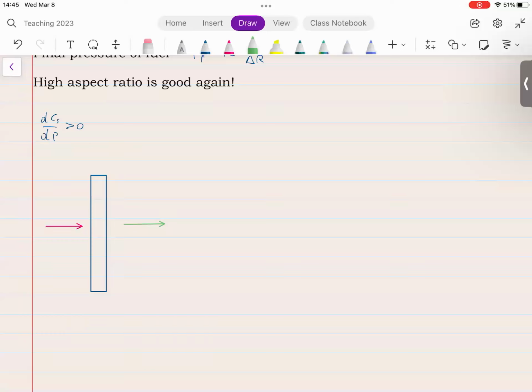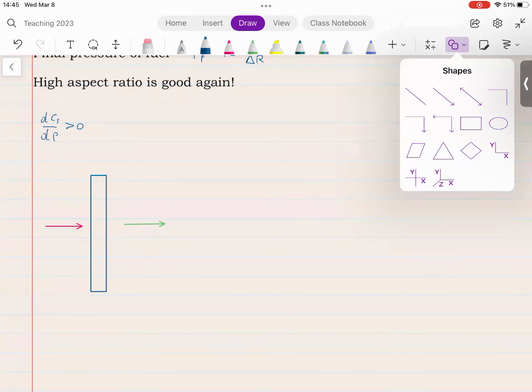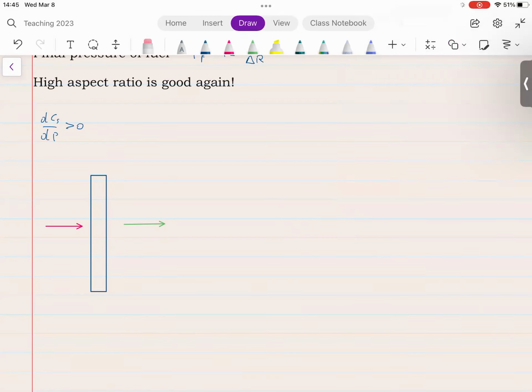The red is a shock wave before it meets the material, green is after it meets the material. Now, let's suppose we have a spherical target.